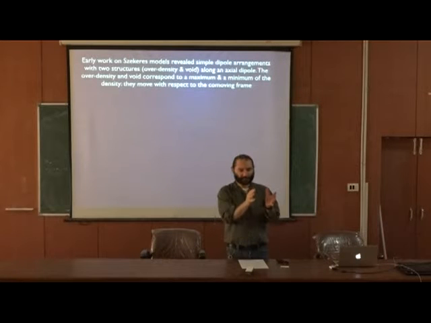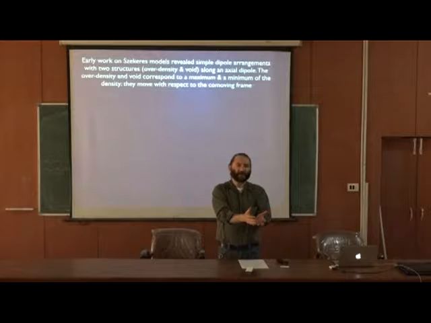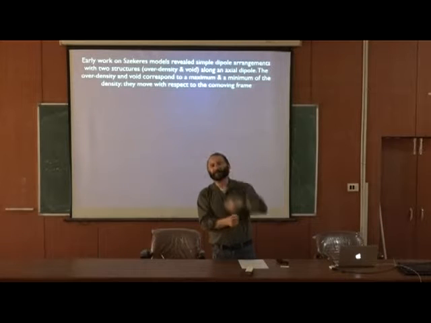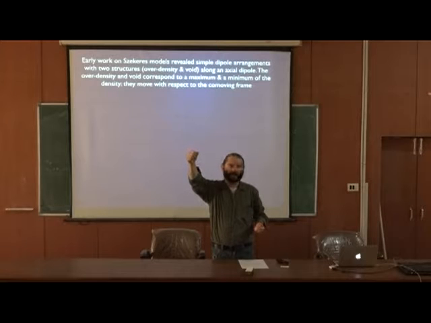What will happen is that one will be at r equals 1, and at the other point, let's say you have a void, and then next to the void you would have an overdensity. They are all distributed along the axis of the dipole. This is what happens with very simple Szekeres models in which you have axial symmetry, okay?